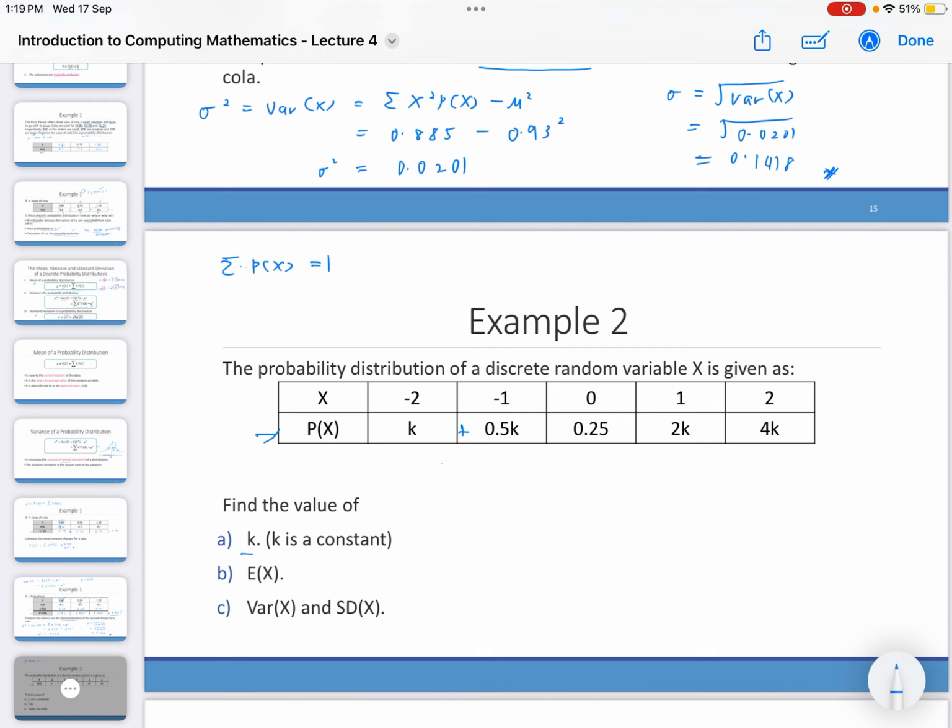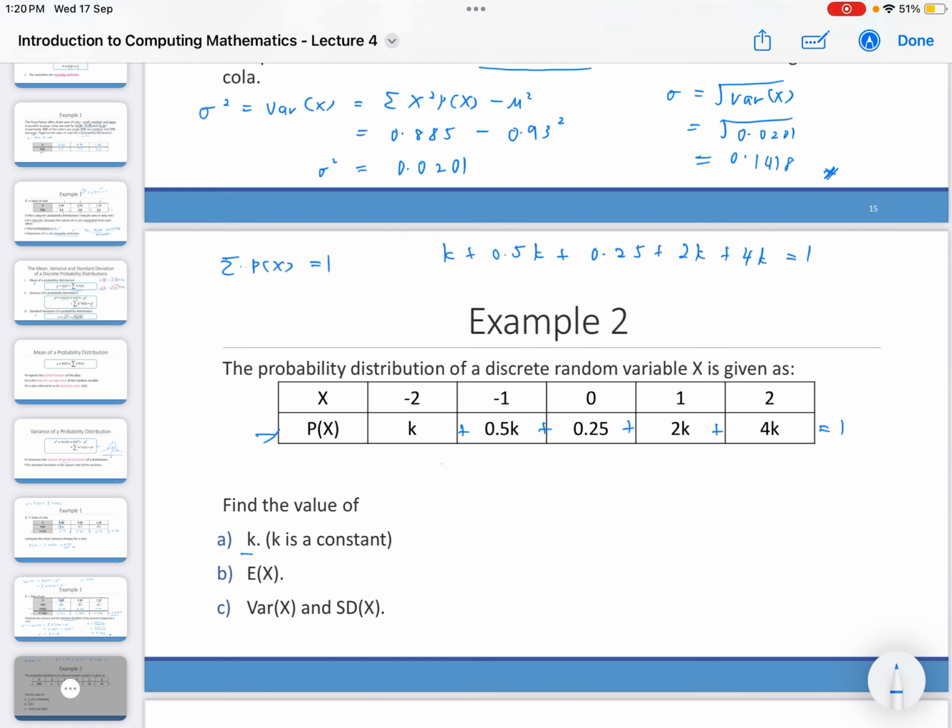So we have k plus 0.5k plus 0.25 plus 2k plus 4k equals 1.